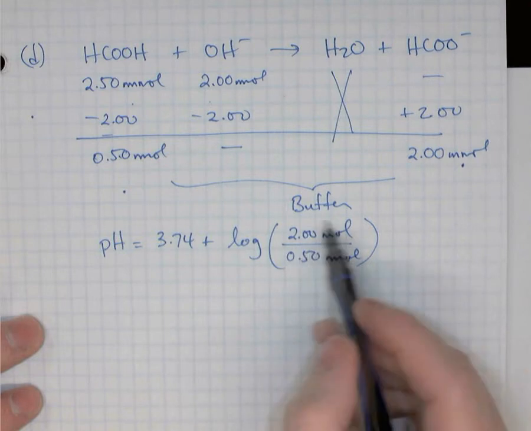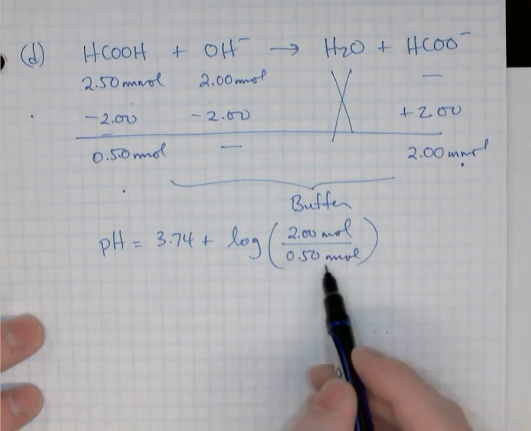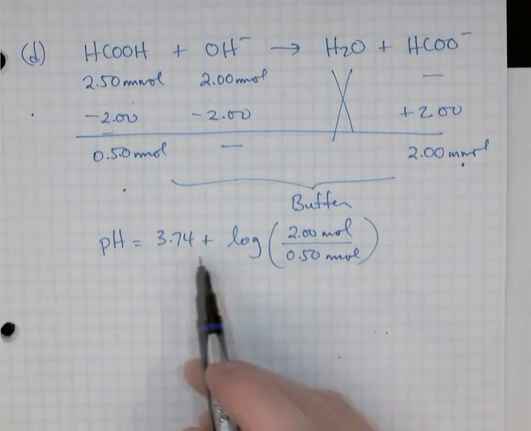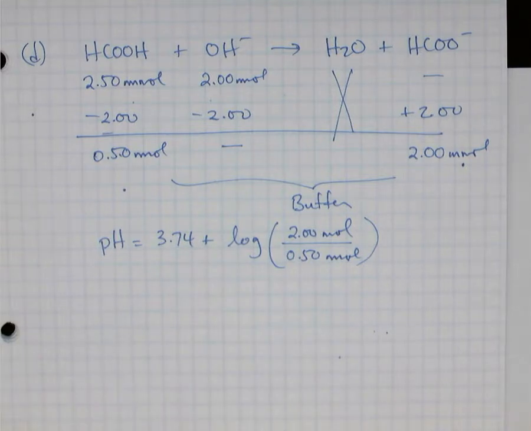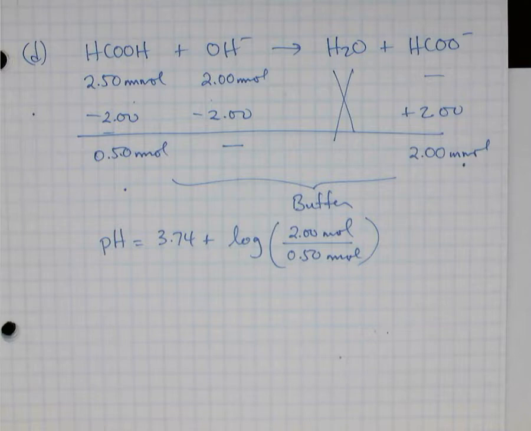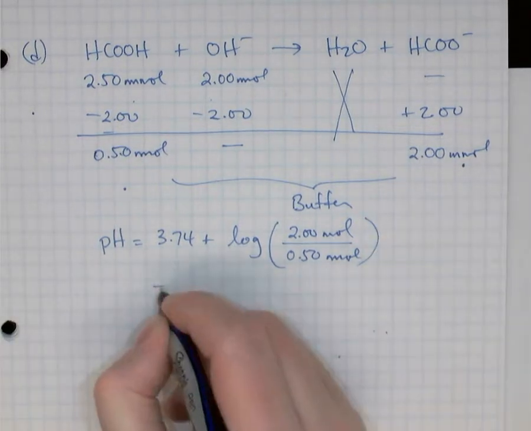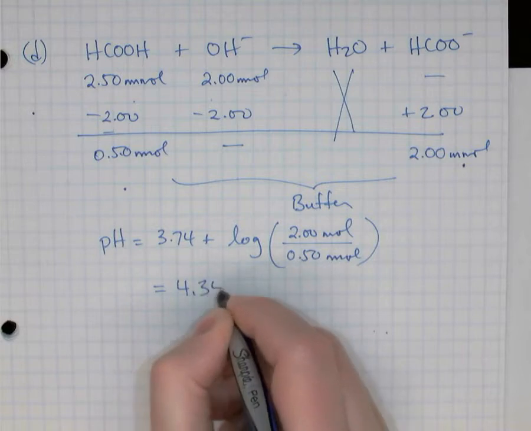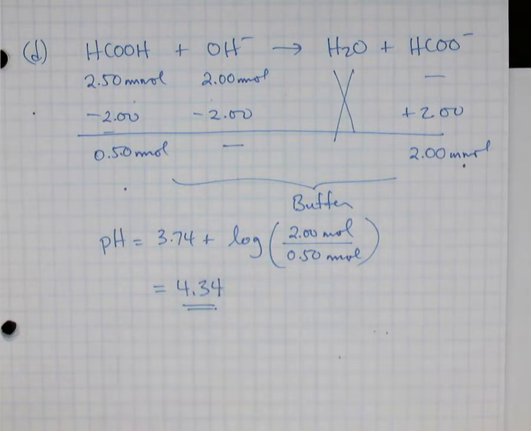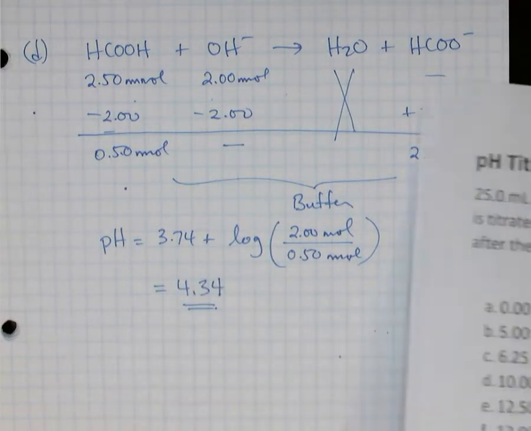But notice, because we have more base than acid, the pH now is going to be above the pKa value. So 3.74 plus the logarithm of 2 divided by 0.5, we get now a pH of 4.34. So we've just gone past the pKa value.